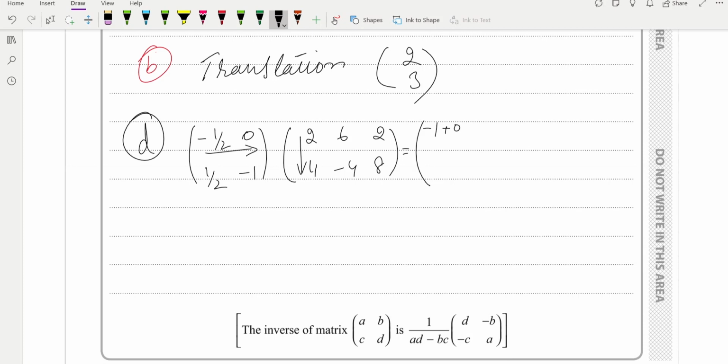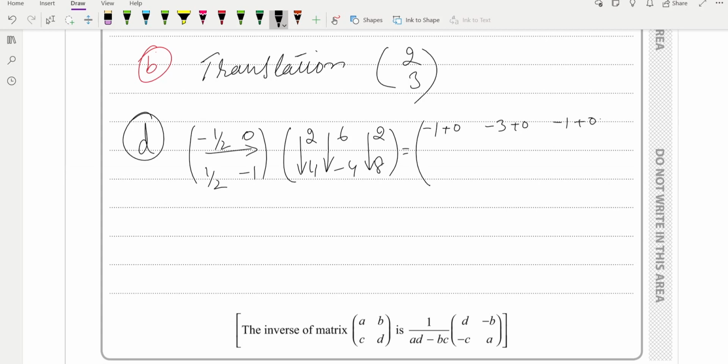The second term, when we multiply with this column, will be minus 1 by 2 into 6 will be minus 3, and 0 multiplied by 4 will be 0, so plus 0. Then we multiply by the third column, so minus 1 by 2 into 2 will be minus 1, and 0 multiplied by 8 will be 0.